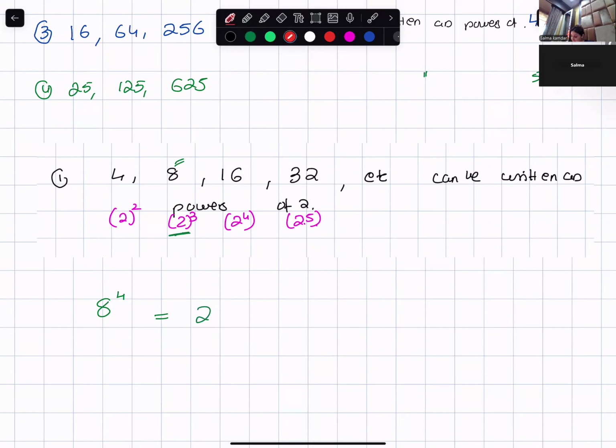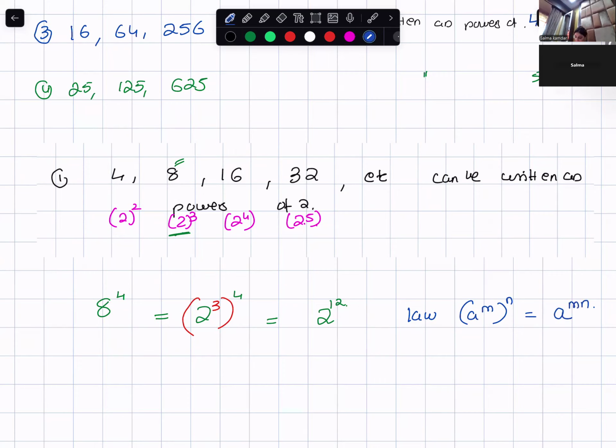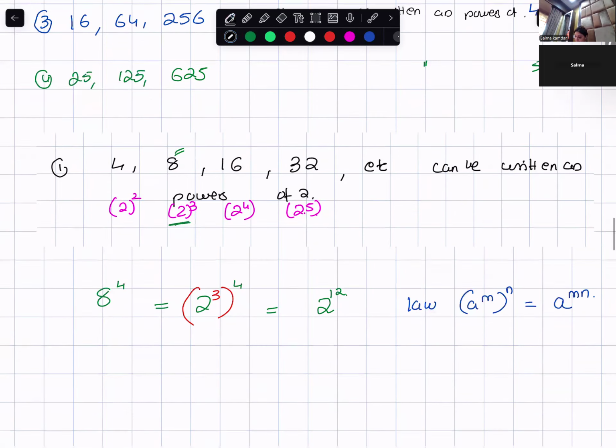So 8 is written as 2 to the power 3, the whole thing to the power 4. So this becomes 2 to the power 12. So I have changed the base to 2. Which law of indices have I used? I have used the law a raised to m, the whole raised to n, is equal to a raised to mn. Okay?